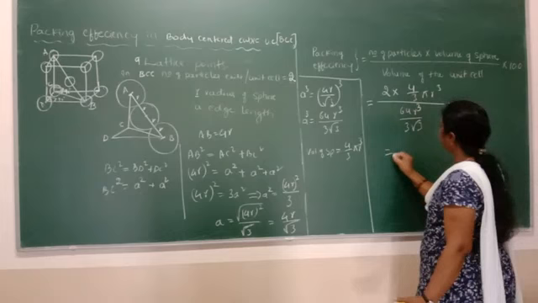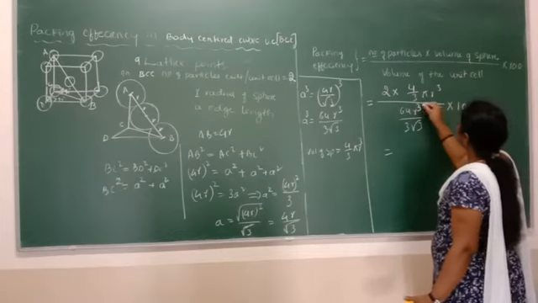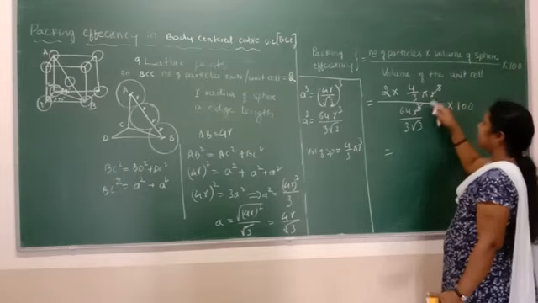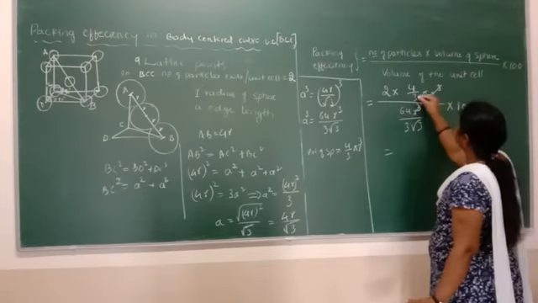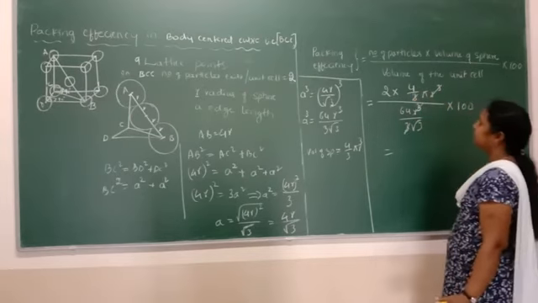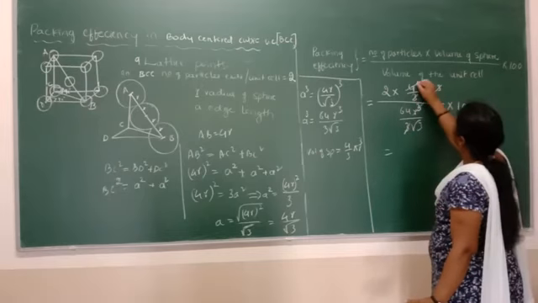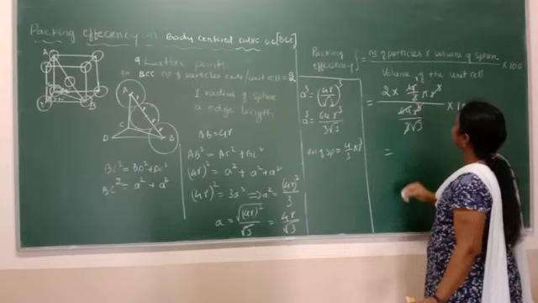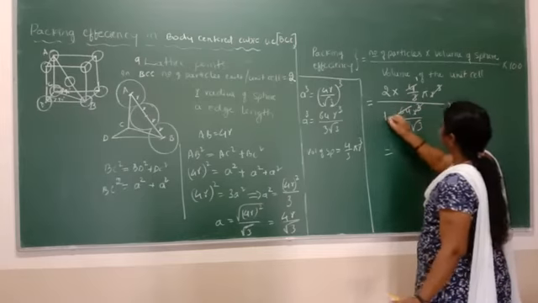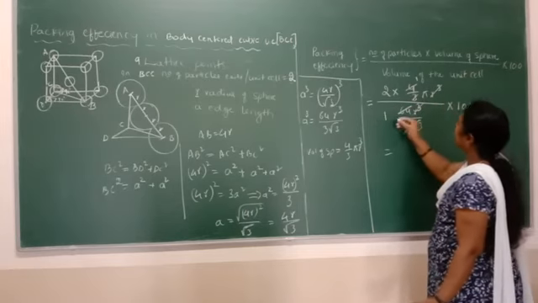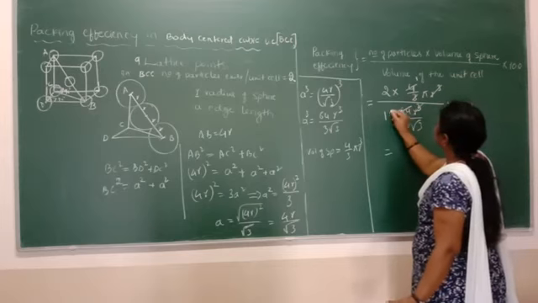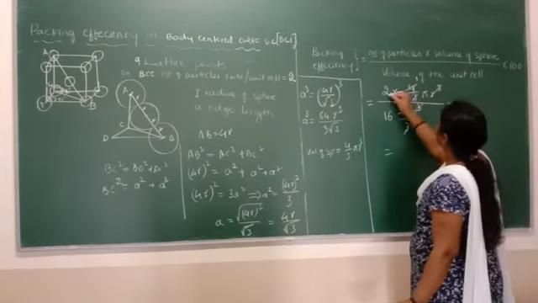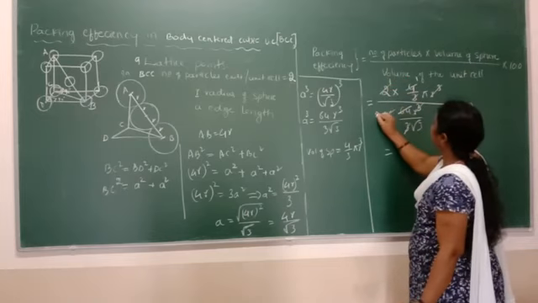After calculation and cancelling out the common terms, r cube cancels with r cube, and 3 and 3 cancel with one another. 4 ones are 4, 4 6s are 24, and 2 ones are 2, 8s.